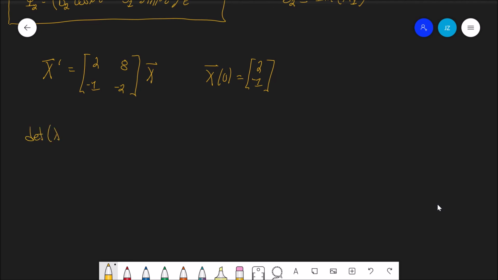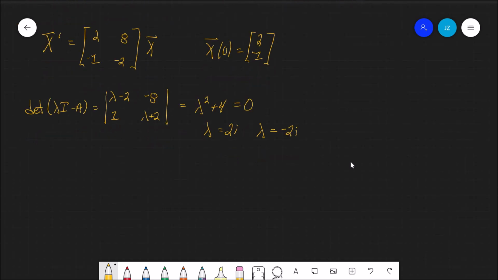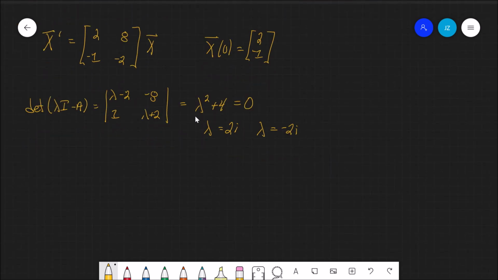So we want the determinant of lambda I minus A. This will give us the determinant of the 2 by 2 matrix [lambda minus 2, negative 8; 1, lambda plus 2], which is lambda squared plus 4, and of course that equals 0.